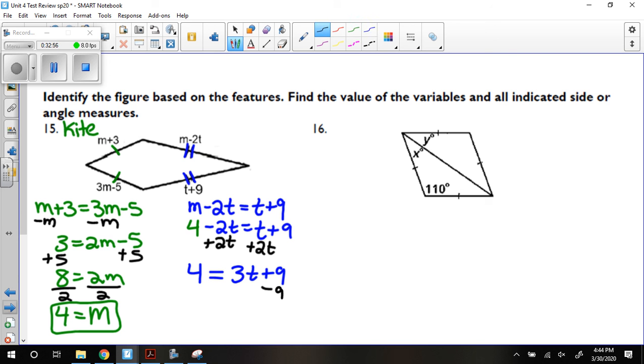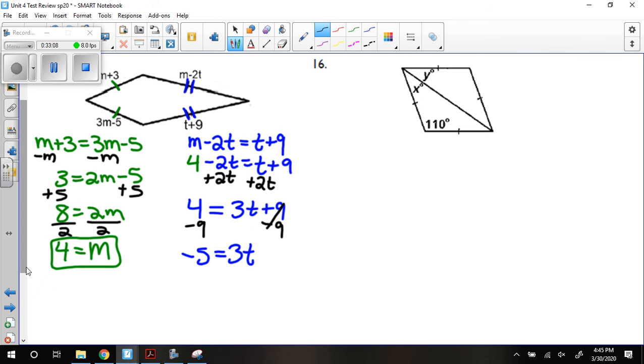We can subtract 9. So 4 minus 9 is negative 5 equals 3t. And then we divide by 3. Okay, so we have negative 5/3 for our t value.